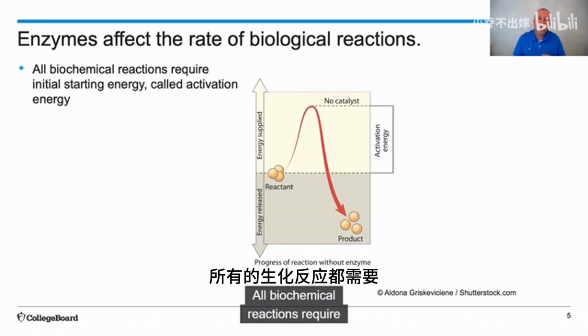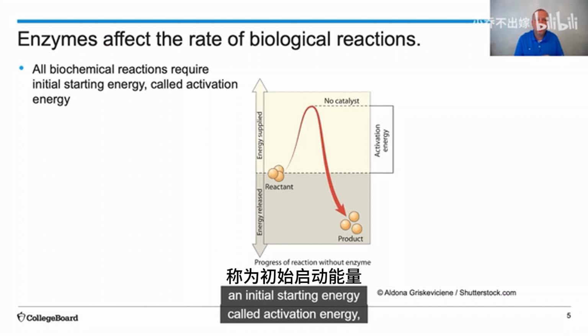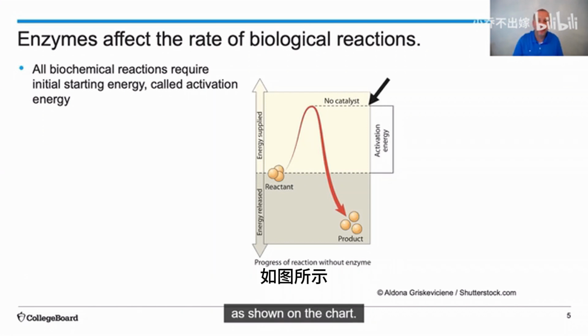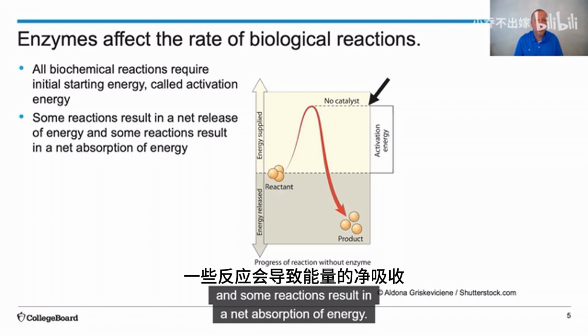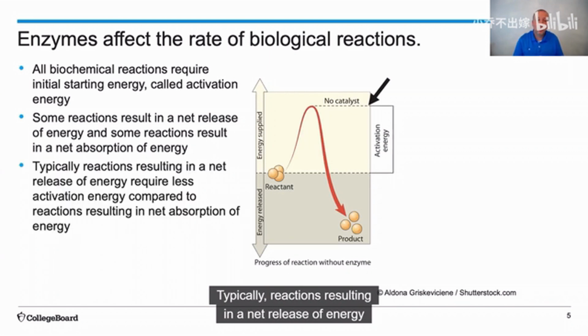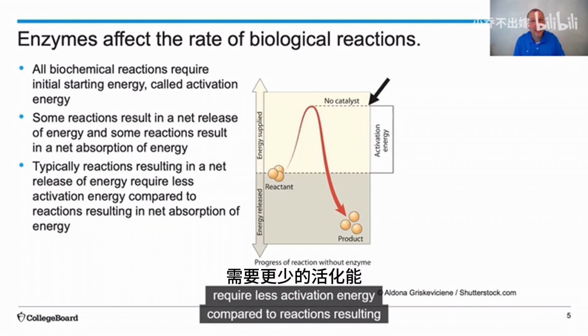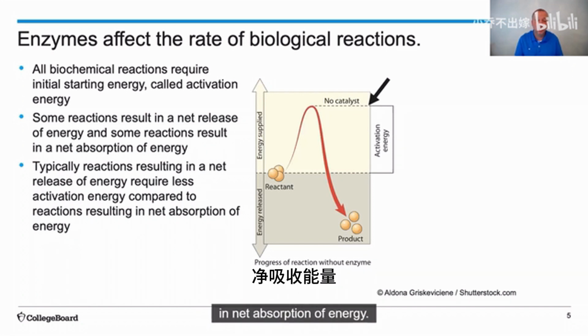All biochemical reactions require an initial starting energy called activation energy, as shown on the chart. Some reactions result in a net release of energy, and some reactions result in a net absorption of energy. Typically, reactions resulting in a net release of energy require less activation energy compared to reactions resulting in net absorption of energy.